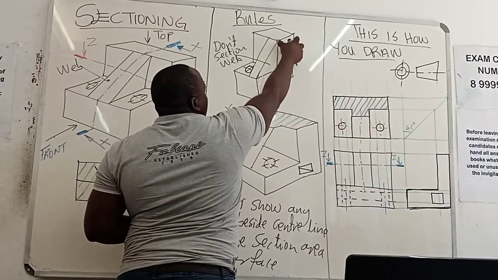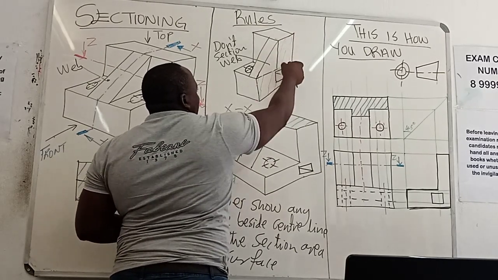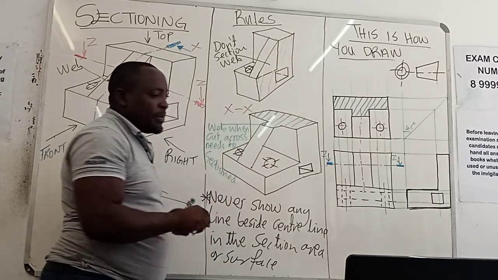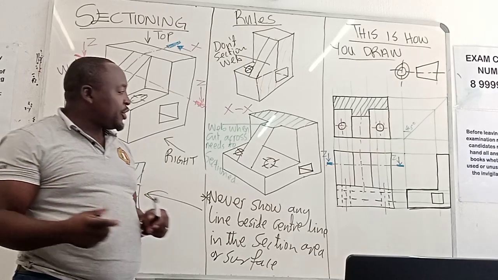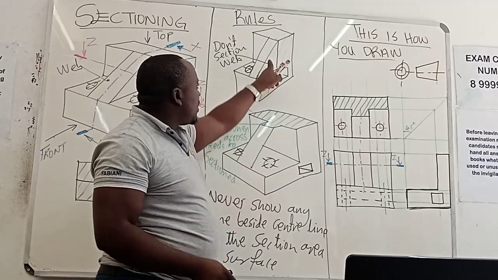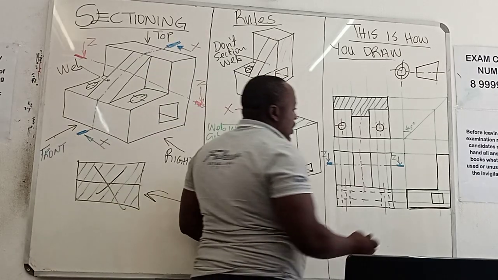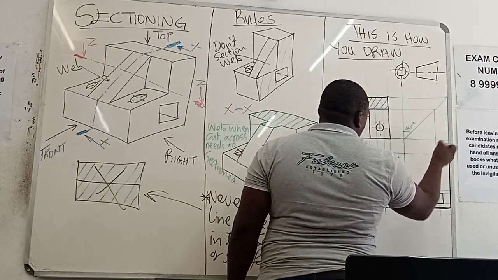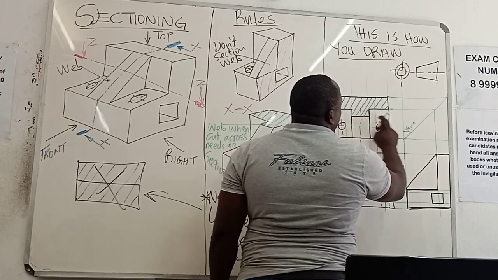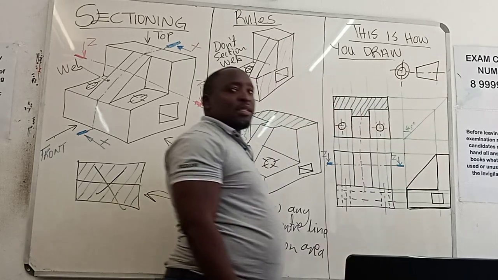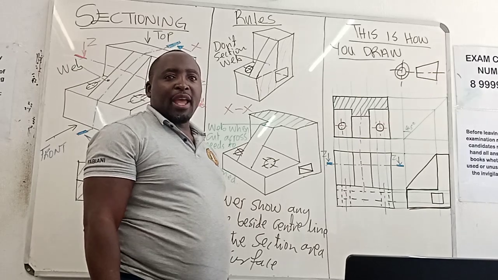This one and this L shape. Can you see this one and that? I've got it. Now the next part I need is to show the web, the way it is. All I do, according to what we have, is a straight line. Don't project this line, please. Don't. Okay?